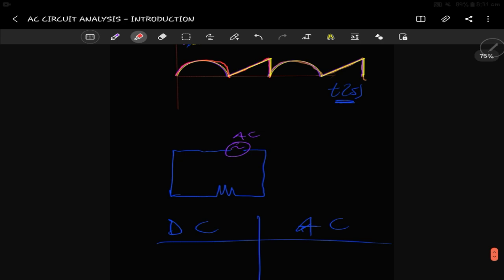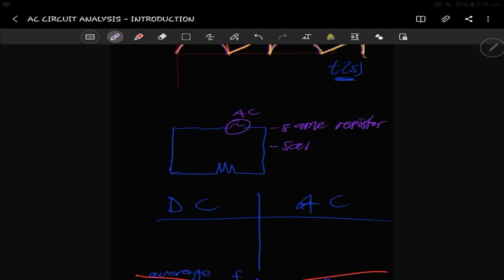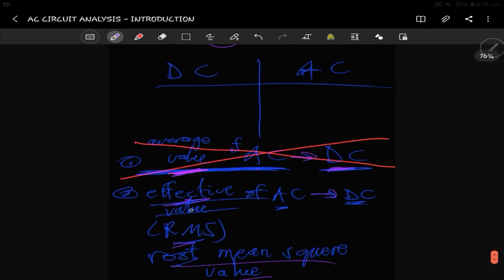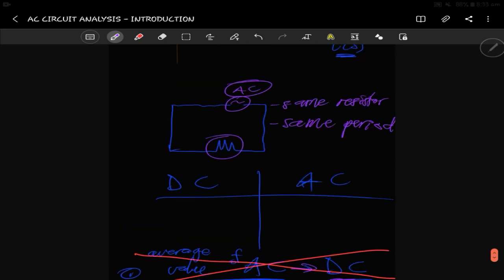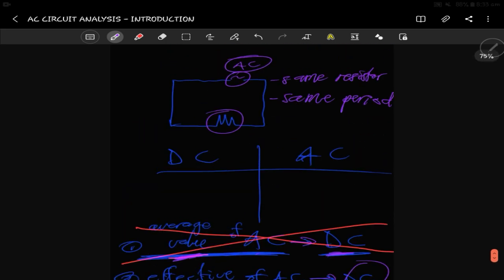What this says is that if you have the original AC and you pass it through a resistor, the same resistor, for the same time period, and after you find the effective or RMS value of that same AC voltage or current, and you pass that DC through this same resistor, the resistor will produce the same amount of heat.